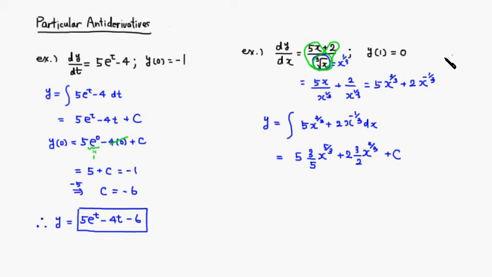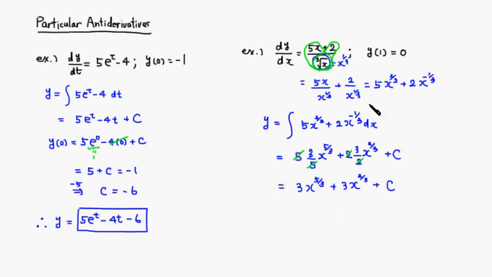You have a 5 on top, 5 on the bottom, 2 on top, 2 on the bottom, which cancel out. So this is going to be 3x to the 5/3 plus 3 times x to the 2/3 plus some constant c.